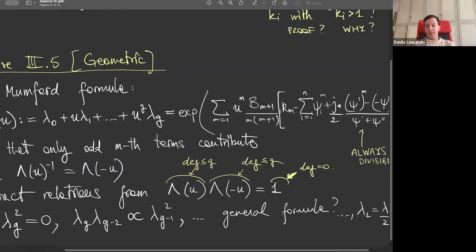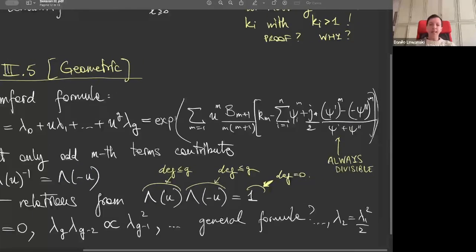But now here you have something very special happening again, because if you want to invert this, you just put a minus sign here. But you know that Bernoulli numbers with odd indices vanish, so with even m vanish. So now you know that this power is always odd.